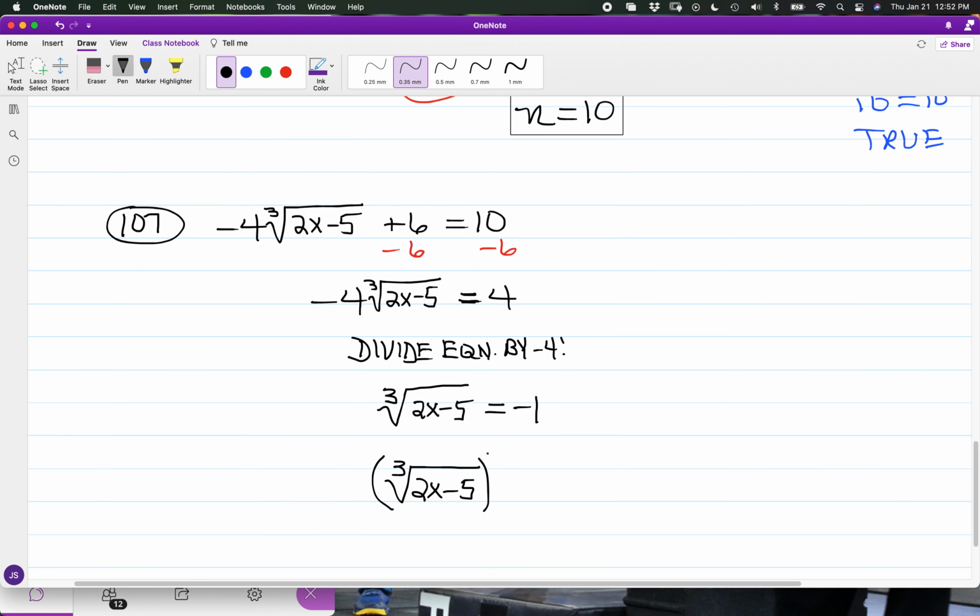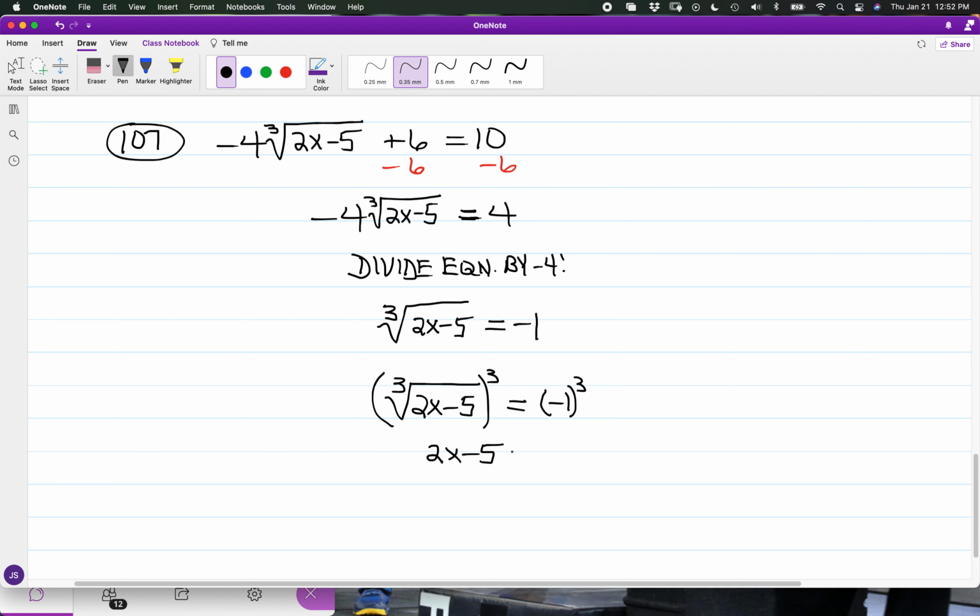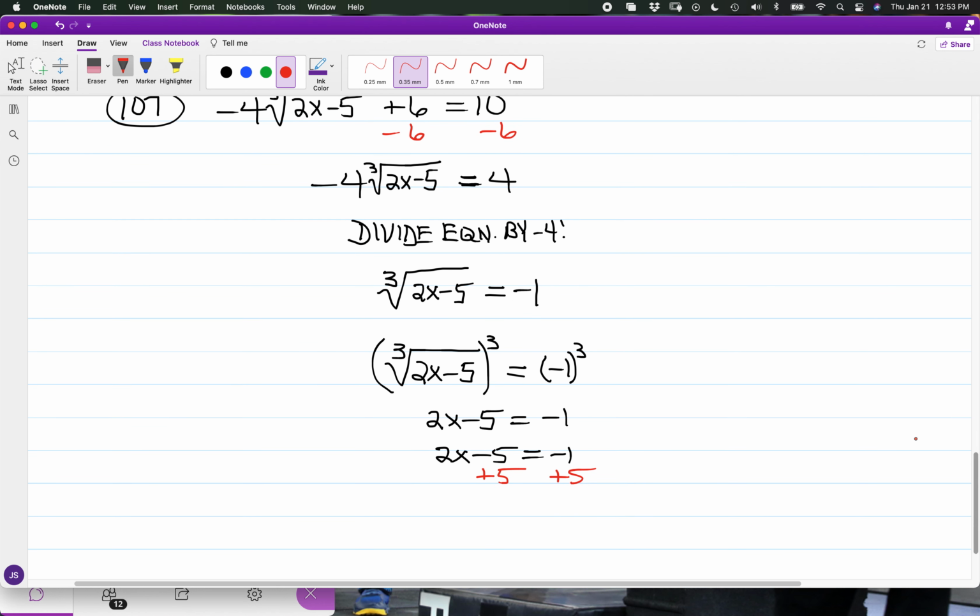So if I cube both sides of this equation, I have 2x minus 5 is equal to negative 1. If I follow through, add 5 to both ends, we have 2x is equal to 4.